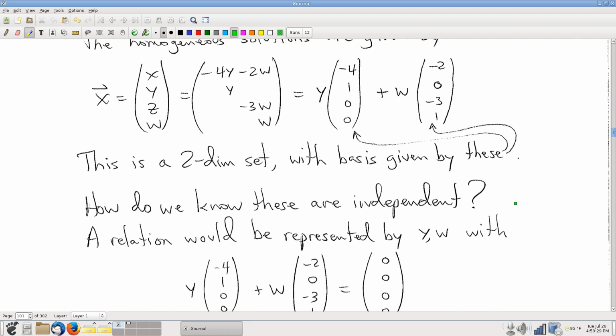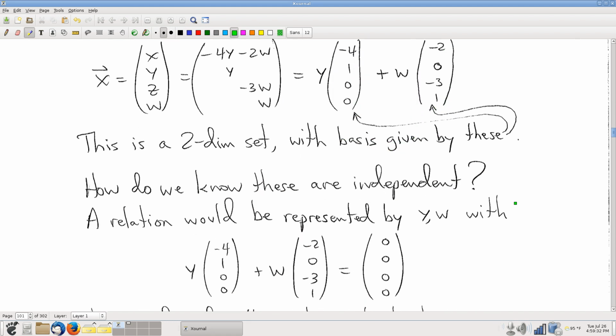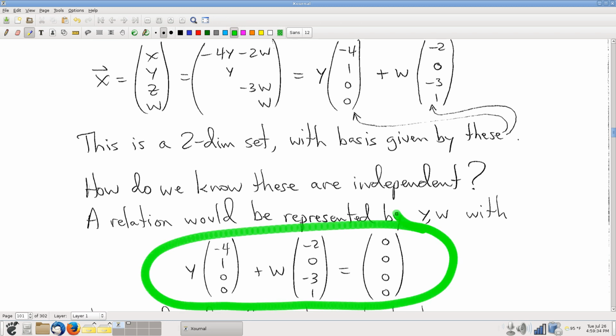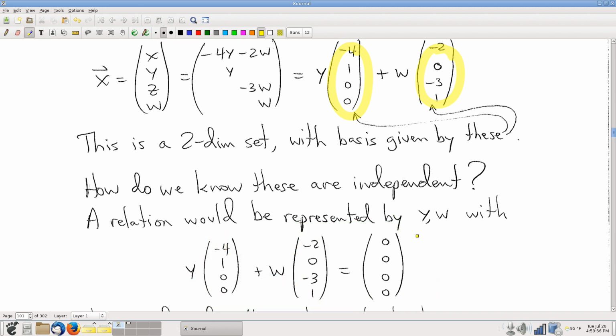Well, let's make this observation. This is what we would have to ask. This is the algebra we would have to consider if we wanted to decide if this pair of vectors is independent. I would need to know, is there a linear combination of them that adds up to 0? Well, in fact, this linear combination that I have to consider is exactly the same as this linear combination that I'm already considering.